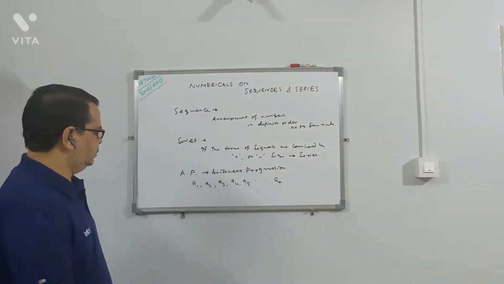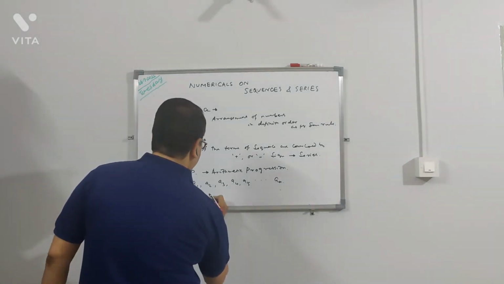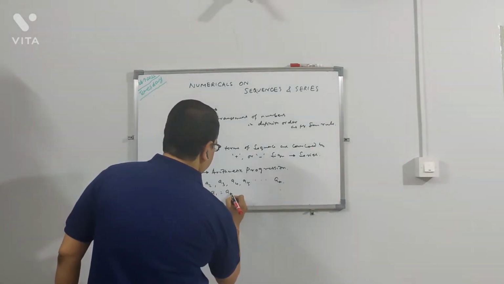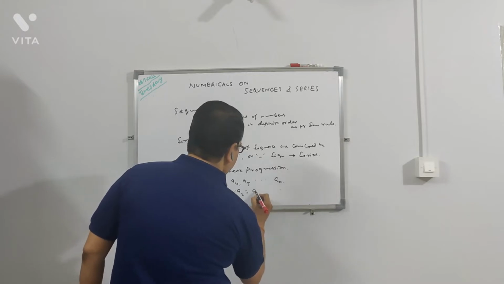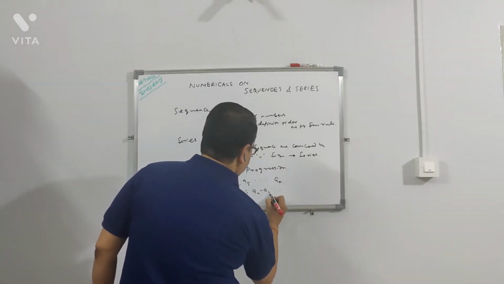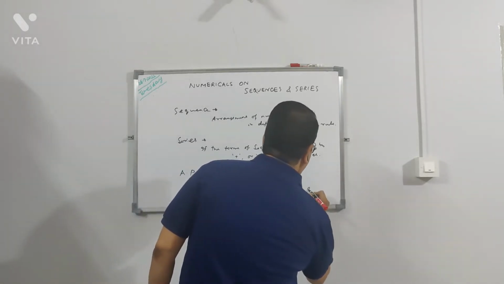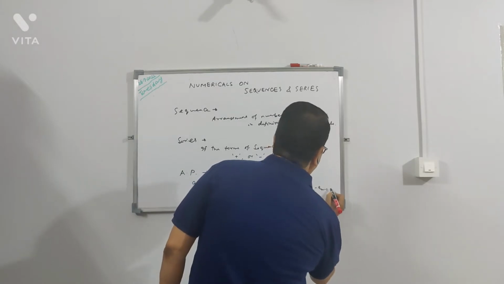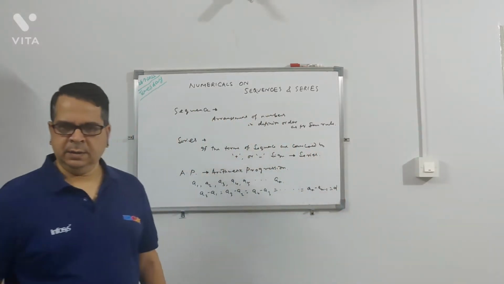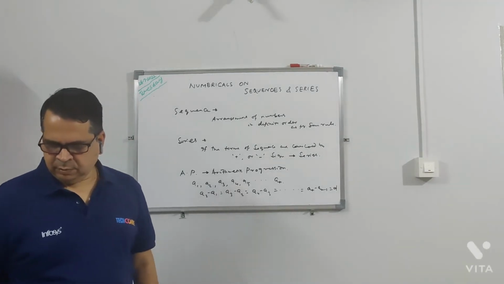Here A2 minus A1 is equal to A3 minus A2 is equal to A4 minus A3 is equal to An minus An-1 is equal to one constant, D. So this is arithmetic progression.